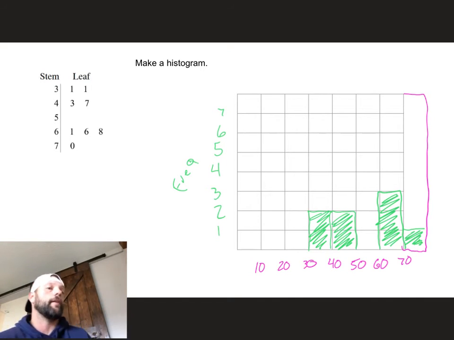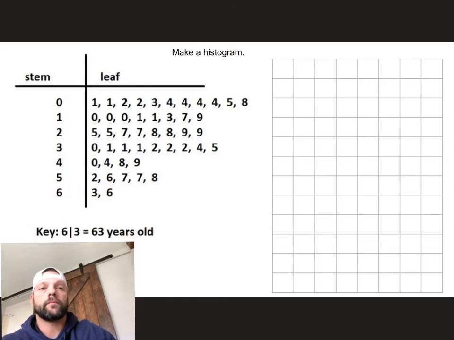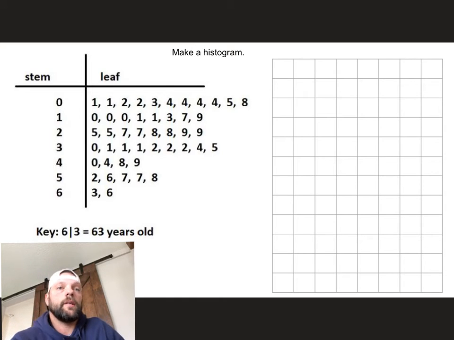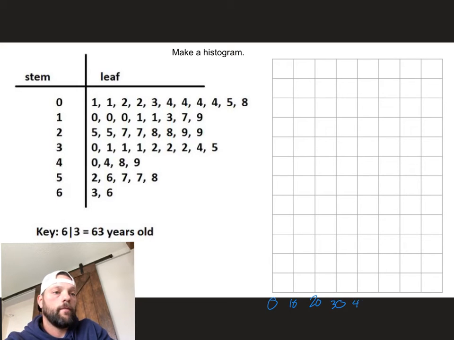You notice that in the histogram, each of the bars are touching. All right, here's another example, again using a stem and leaf plot. I have 0, 10 is going to be here, 20, 30, 40, 50, 60, 70, and 80.